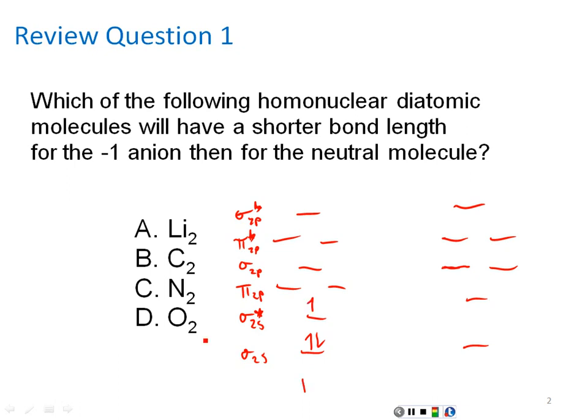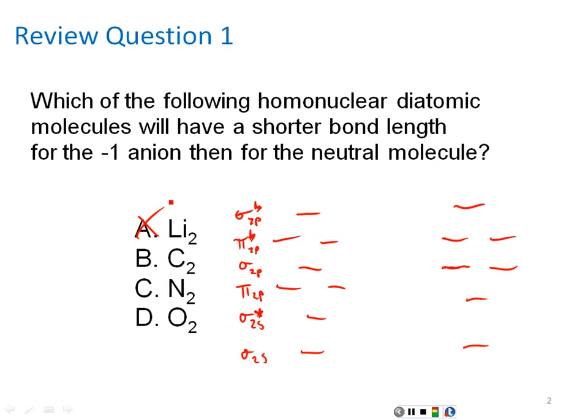That electron will be added into an anti-bonding orbital, so the bond order will decrease, and that would be 0.5. So the question's asking for a shorter bond, which means a stronger bond and a higher bond order. So choice A is not correct.